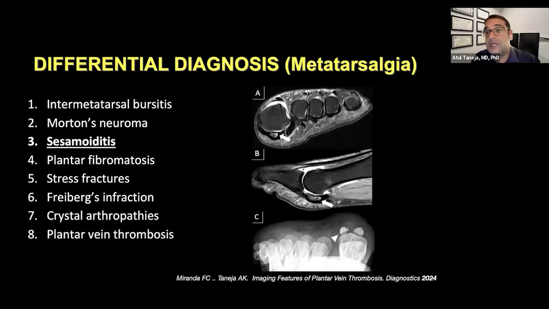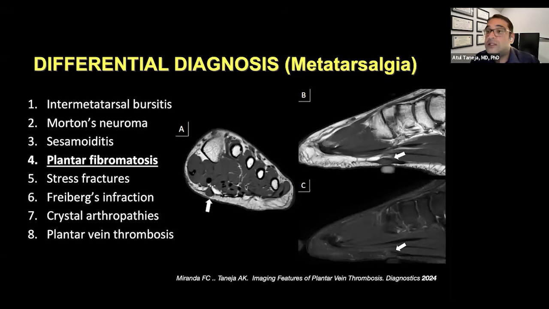And in some cases, they even need to resect the sesamoid bone due to the pain. All right, plantar fibromatosis, we can see that in the mid-foot, forefoot, anywhere, usually along the plantar fascia, all right?